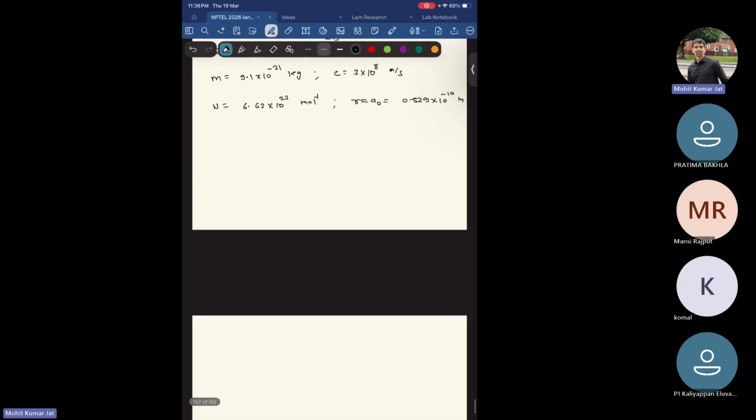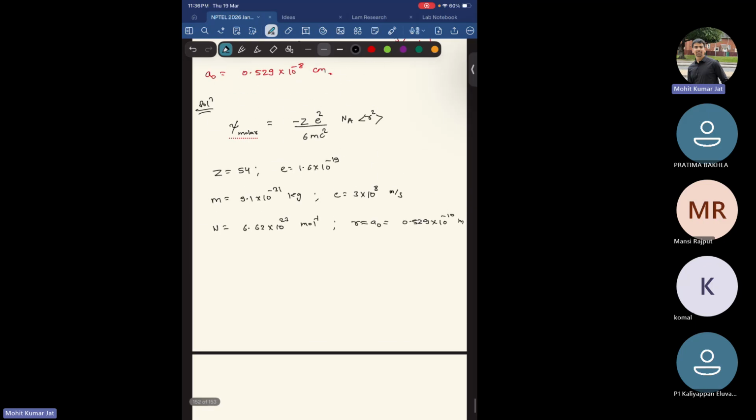If you substitute all these quantities into this equation, what you will get is chi molar equal to roughly minus 42.66 into 10 power minus 6 centimeter cube per mole. So what you imply from this is the numerical number is minus 42.66 into 10 power minus 6 centimeter cube per mole.